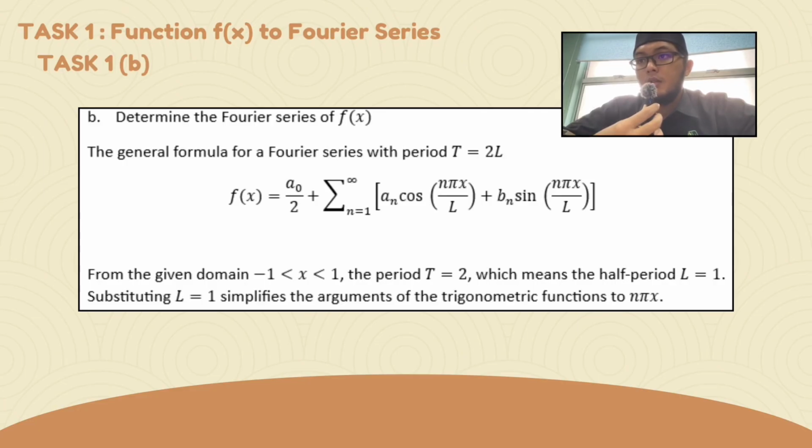Based on the domain from negative 1 to 1, the period will be 2, which means the half period will be 2 divided by 2, so we get L equal to 1. Substituting L equal to 1 into this equation, we can simplify the argument.